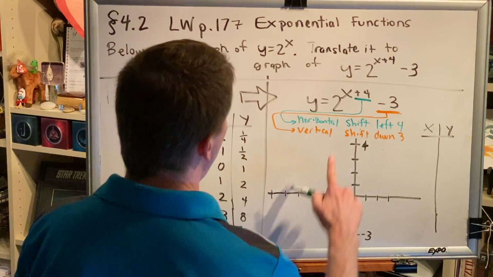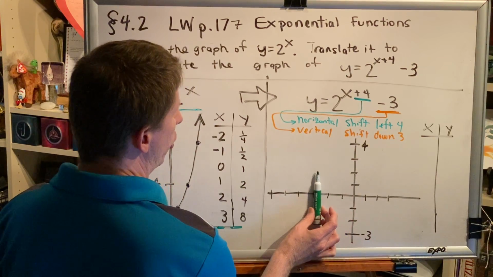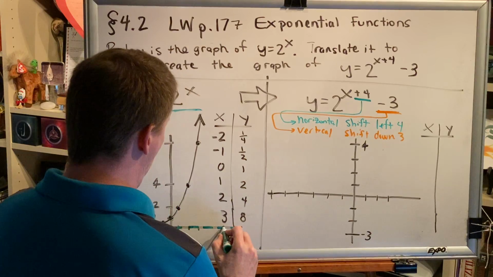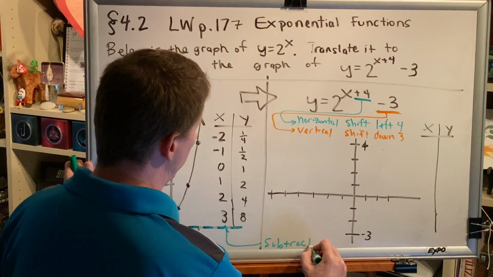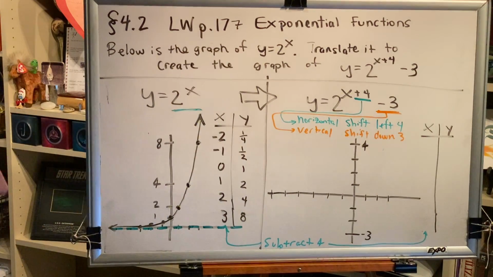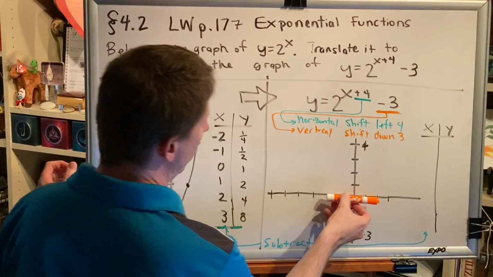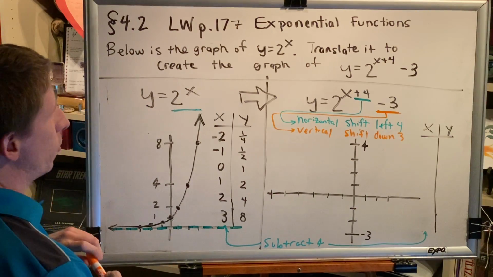All right, let's say you wanted to shift left 4. Then what's happening to the x's? You're subtracting. So subtract 4 from the x's. So for our x's, we're going to subtract 4, and that'll give us our new x values. All right, how about the y's? Well, when we're moving down, down is also indicative of subtraction.